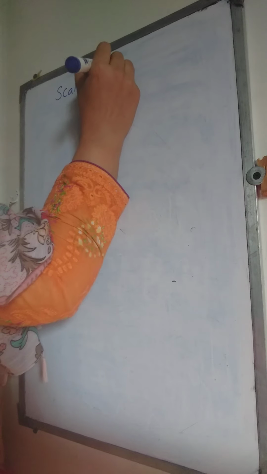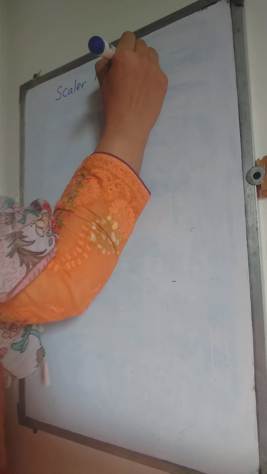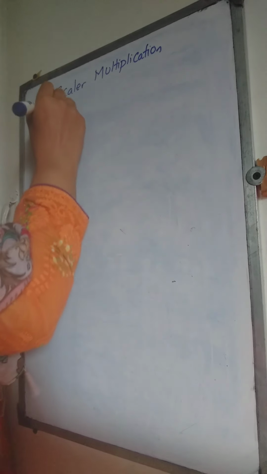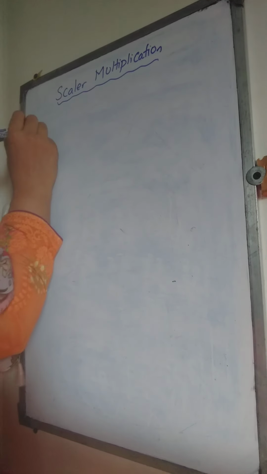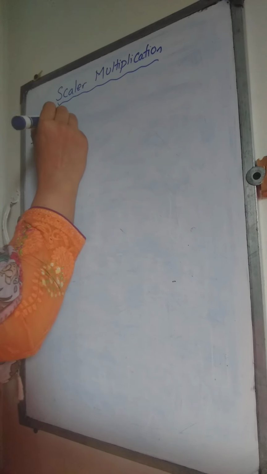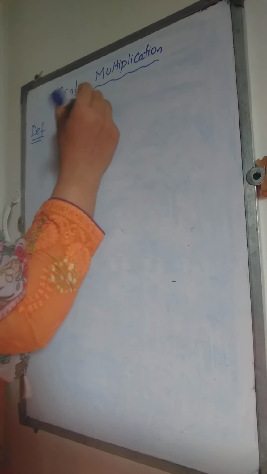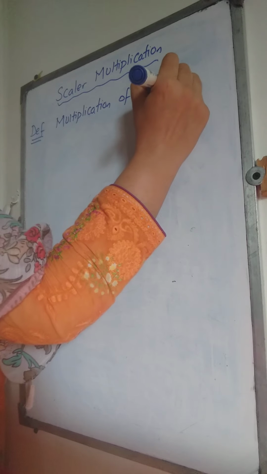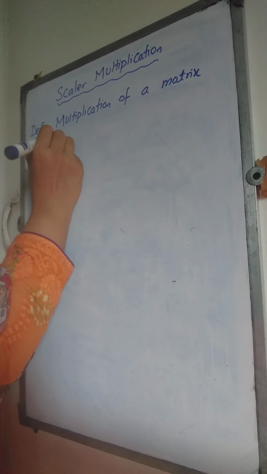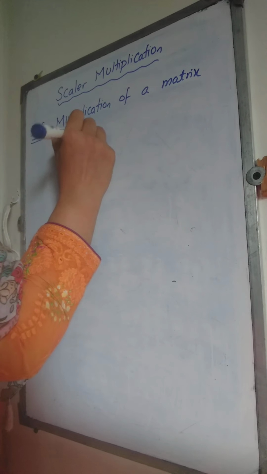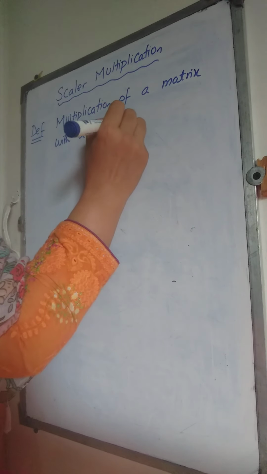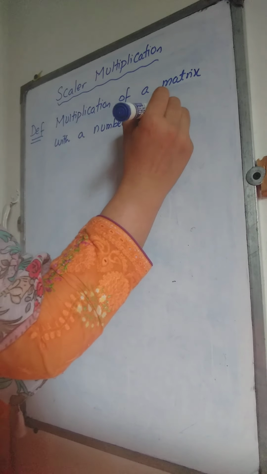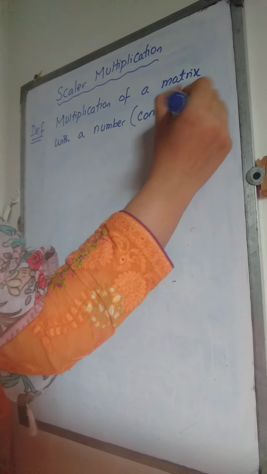The next operation that we are going to study is scalar multiplication. Scalar multiplication is the multiplication of a matrix with a number, or we can say with a constant or any real number.